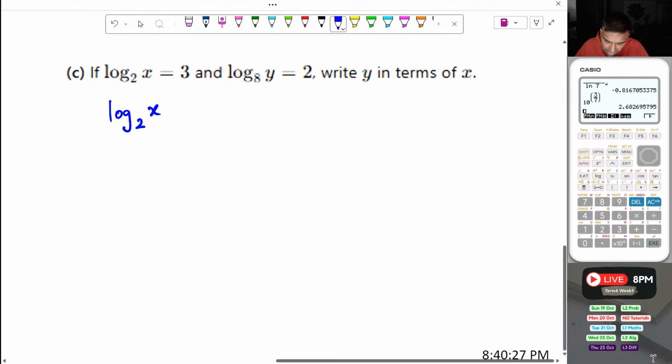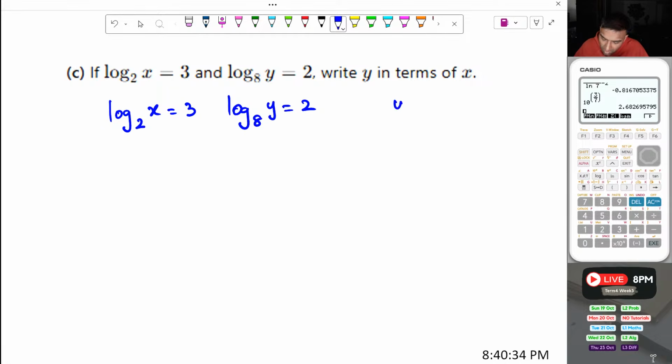So you got log 2x is equal to 3. Log 8y is equal to 2. Y in terms of x. Let's try that one. Just want to go back and check the previous number, because the previous one, it said y is equal to x to the power of 5 over 3.